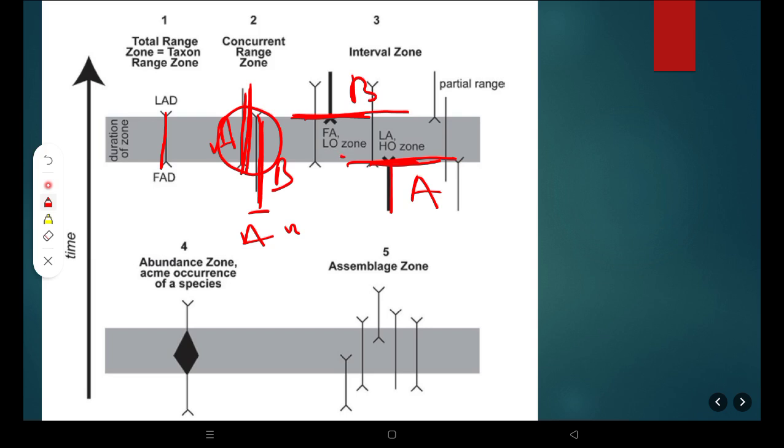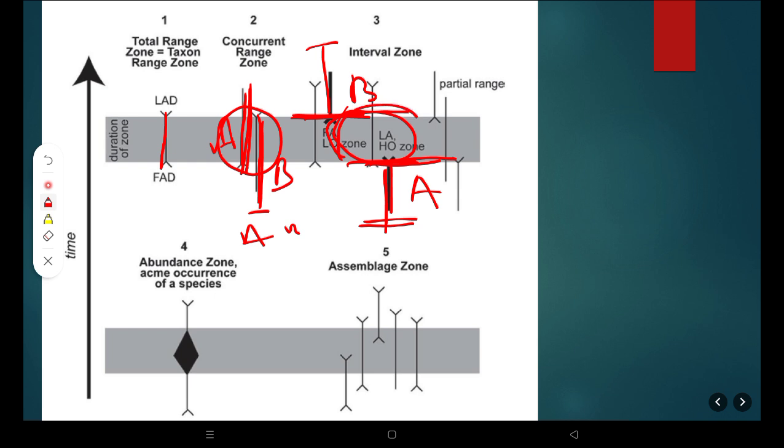So this is the interval zone. As we know from a movie, there is an interval when one part is already over and another part is left, and in this interval they run some ads. Here the life cycle of species A is ending, and the life cycle of species B is starting.